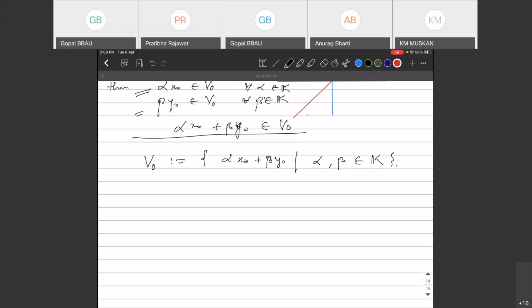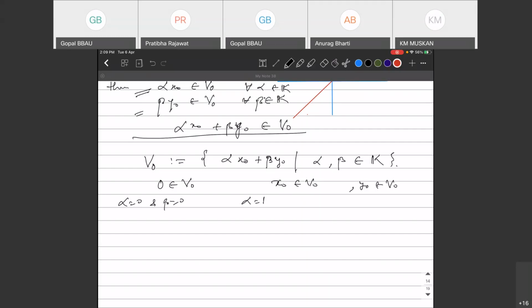Clearly, 0 belongs to V naught. X naught belongs to V naught. Y naught belongs to V naught. For 0, take alpha equal to 0 and beta equal to 0. Then 0 belongs to V naught.